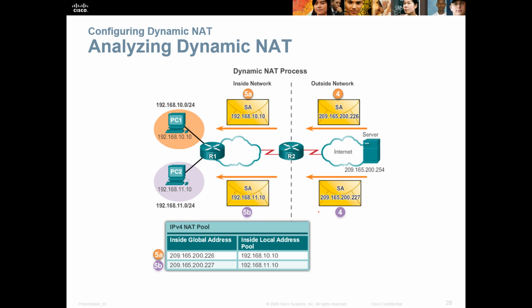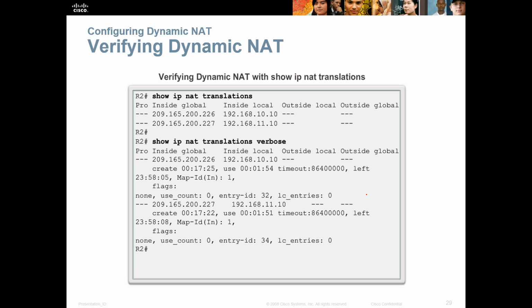And then when they return, they'll come back to the NAT router and be translated back into their internal network address, because during this active session these will be mapped so they'll be equal. That way, once a session is terminated, these addresses go back into the pool for the next person able to use them.